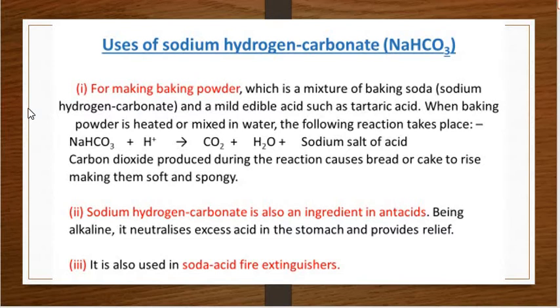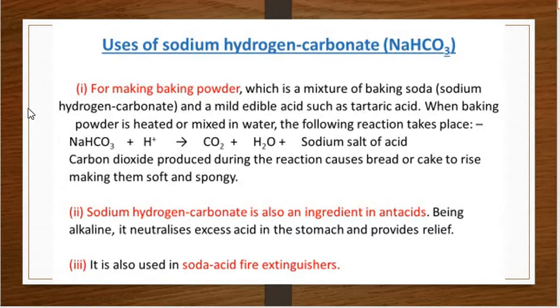Sodium hydrogen carbonate or baking soda is used in making baking powder, and baking powder is used in making cakes, bread, etc. Baking powder is a mixture of baking soda and a mild edible solid such as tartaric acid.